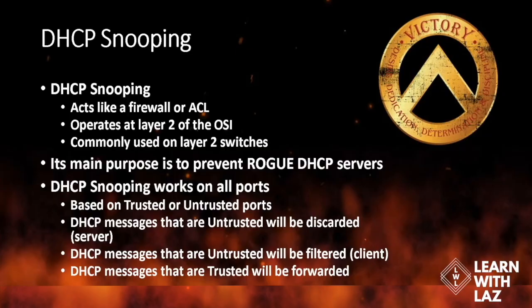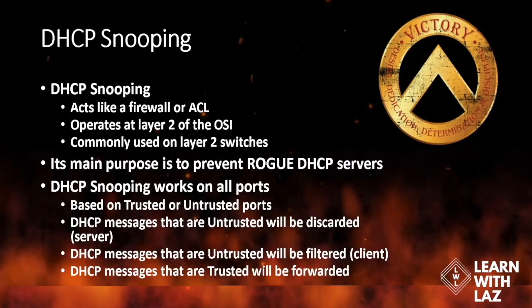If it's a DHCP message coming from a client through the untrusted port, at this point, this is a client. So let's filter. Let's take a look and see if we have it on our MAC address list, our CAM list, and whether this is one of the legitimate MAC addresses. It looks at it a little more carefully because it's a client, not the DHCP server.